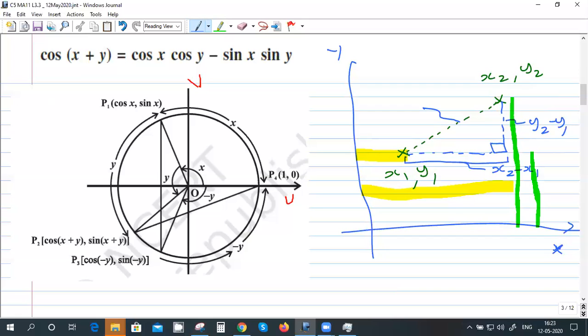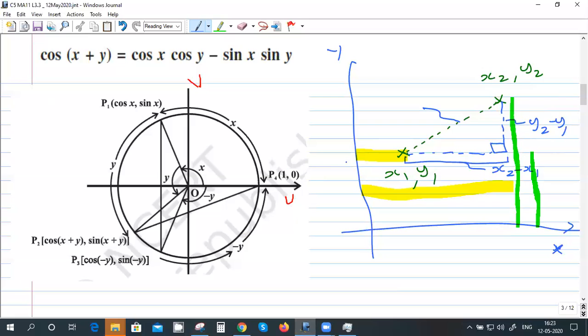This is a slant line, so you cannot think like that. So the legs are y2 minus y1 squared plus x2 minus x1 squared.